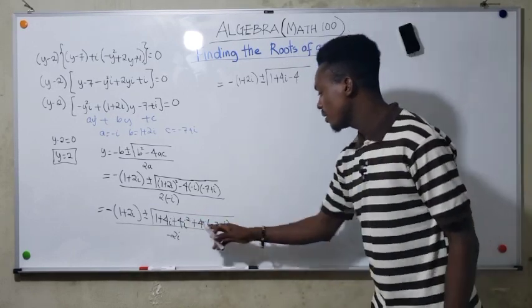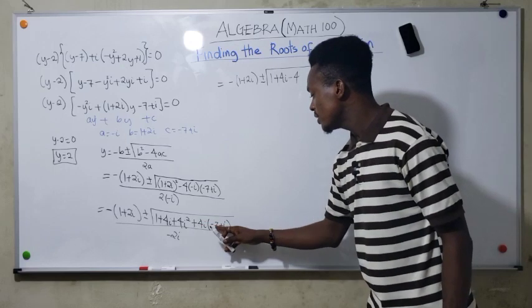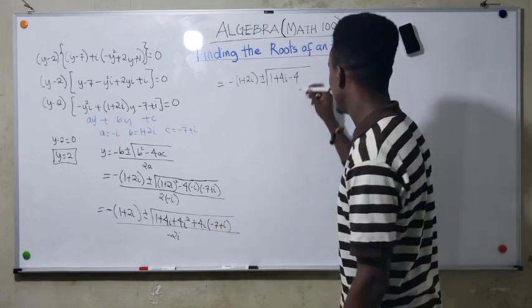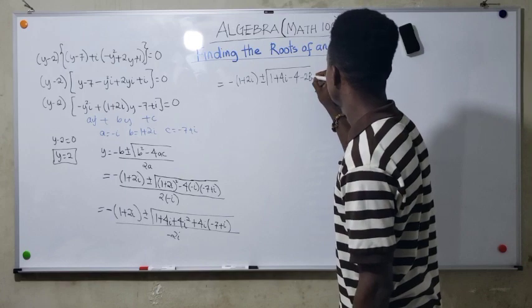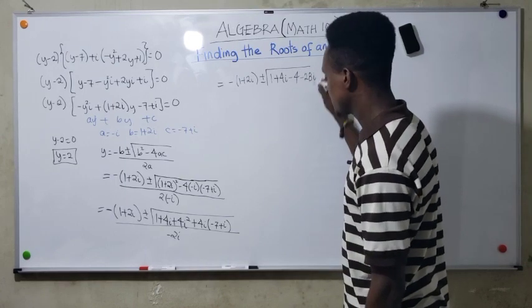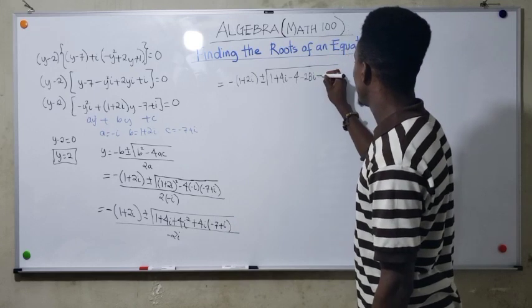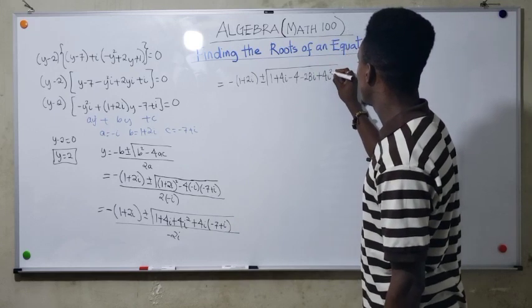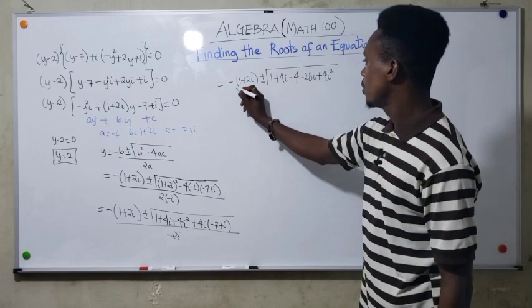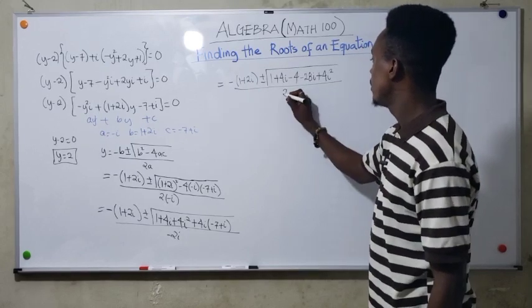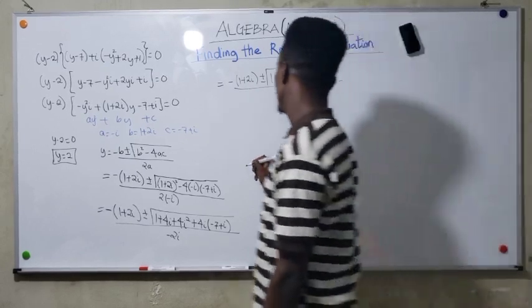Again, we multiply by 4, so 4 times 7 is 28, which is minus 28r. Again, we multiply 4 times r times r, we have plus 4r squared, all divided by minus 2r.